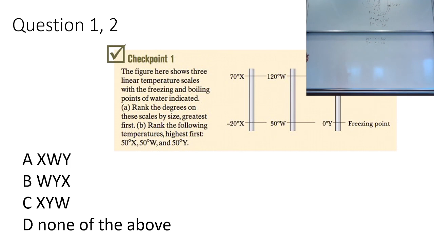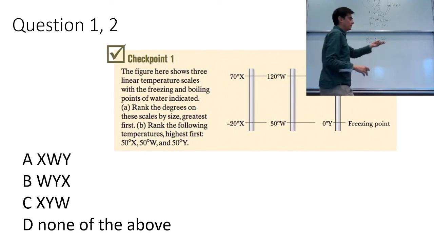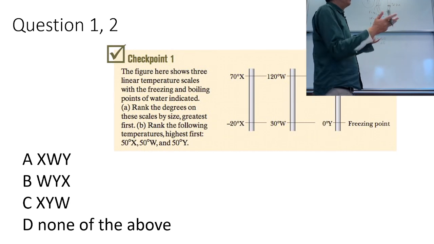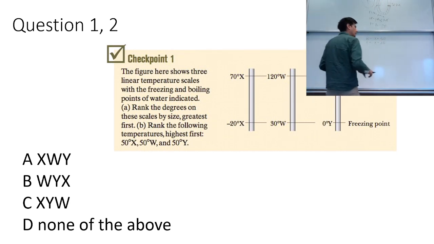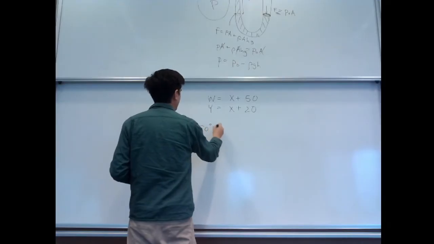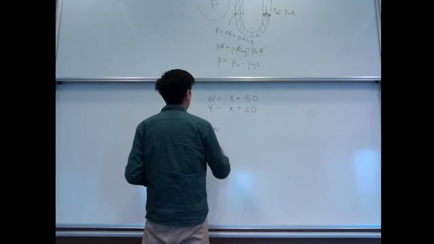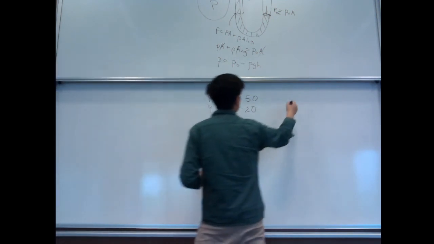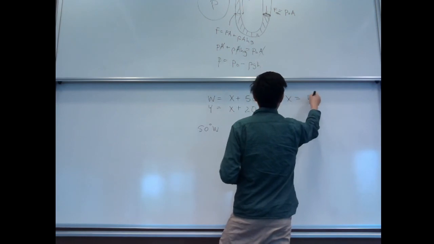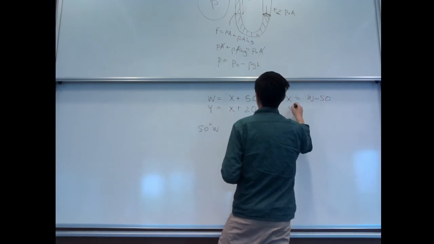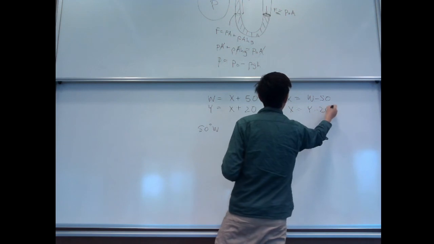If we wanted to, we could use this to convert between all the different temperatures. Of course we could just look at it and see it because it's almost obvious. But we can convert between these scales just by writing down the formula, because obviously this means that X is equal to W minus 50, and X is equal to Y minus 20.